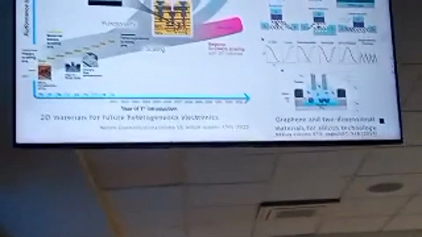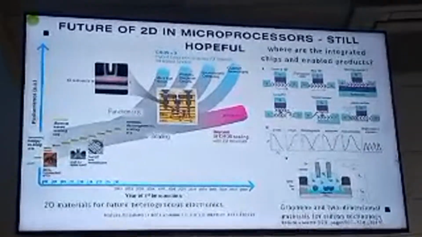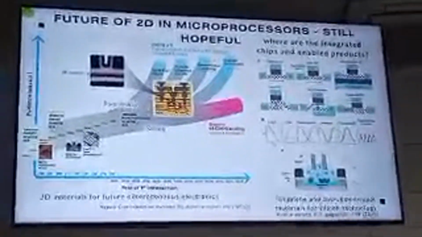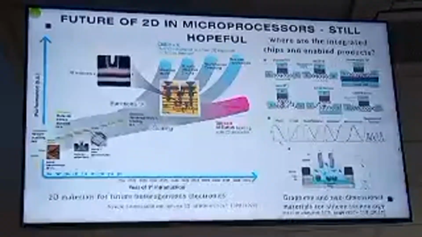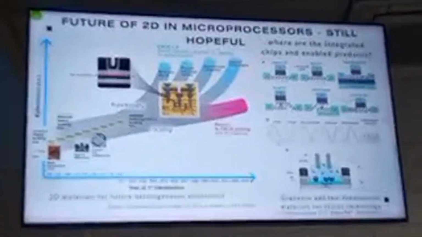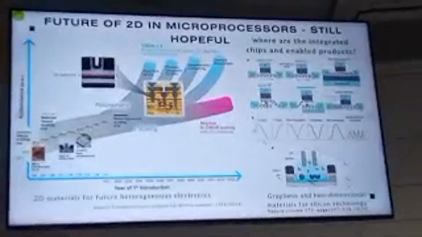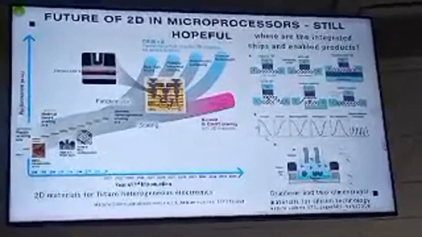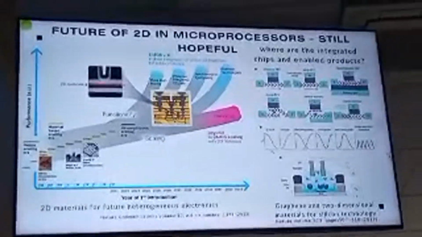With time, there are predictions that 2D CMOS will have some sort of photonic integrated circuits, neuromorphic computing, and quantum technologies. As you can see here, 2D started quite fast, and now in the business of microprocessors the slope is not that high. But again, there are different applications people can work on, and that could be integrated in microprocessors.